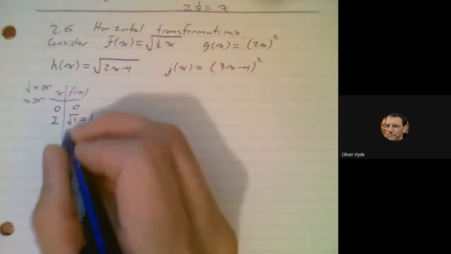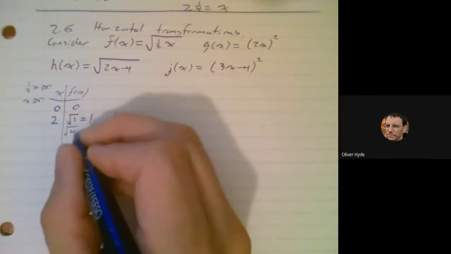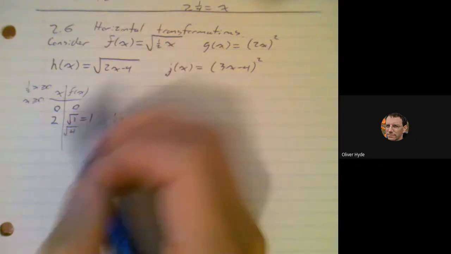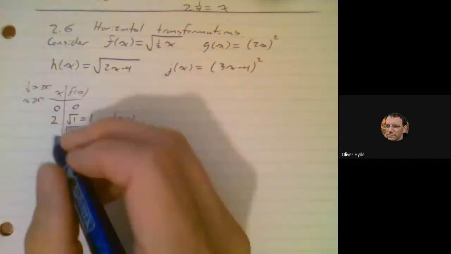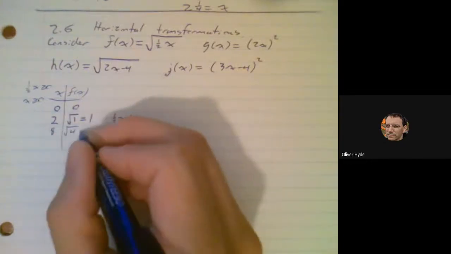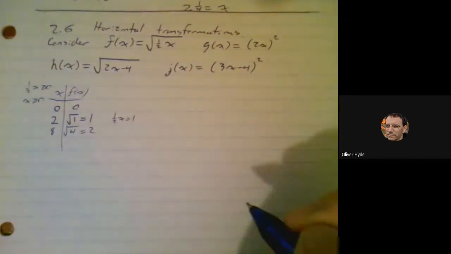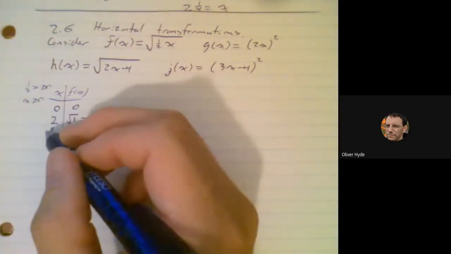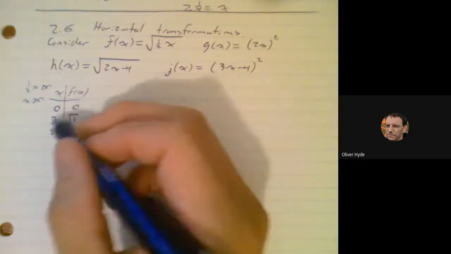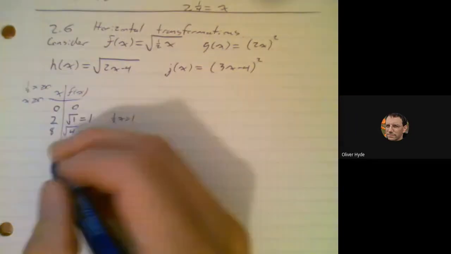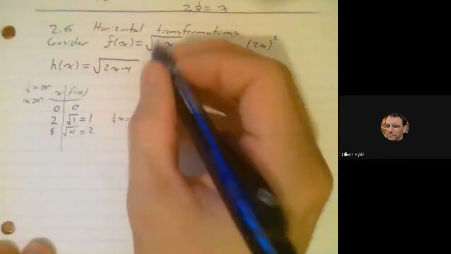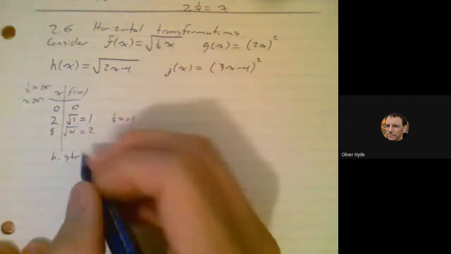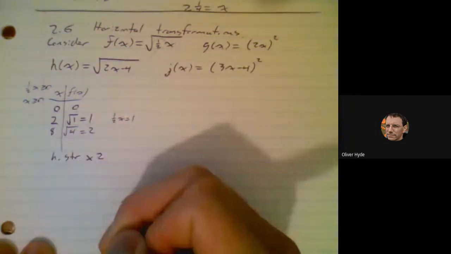If I want a radicand of 4, I used to have to substitute in 4, but now I can substitute in an input of 8. Half of 8 is 4, and the square root of 4 is 2. So this curve, instead of going through 0, 0, 1, 1, and 4, 2, goes through 0, 0, 2, 1, and 8, 2. The effect is a horizontal stretch by the reciprocal of 1/2, which is 2.